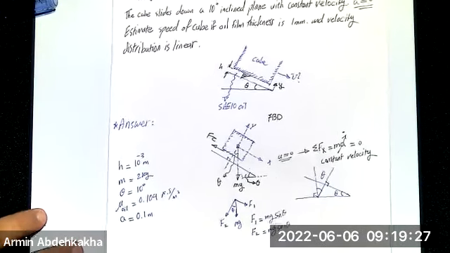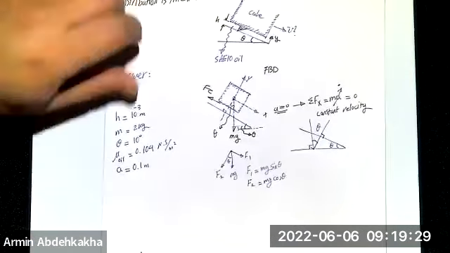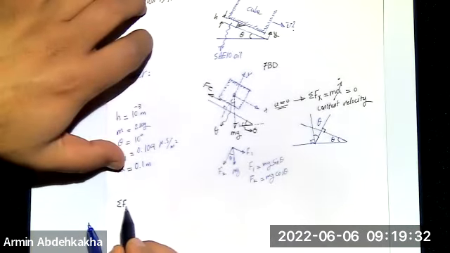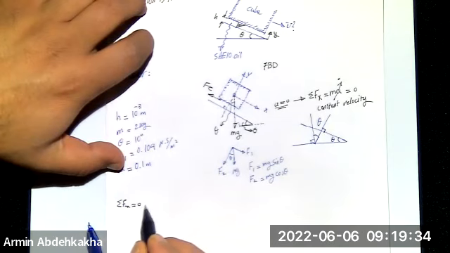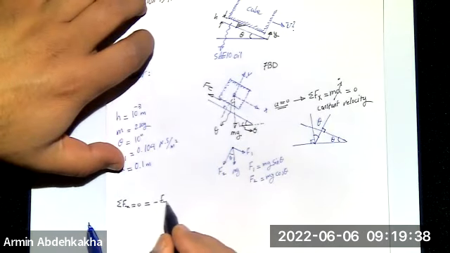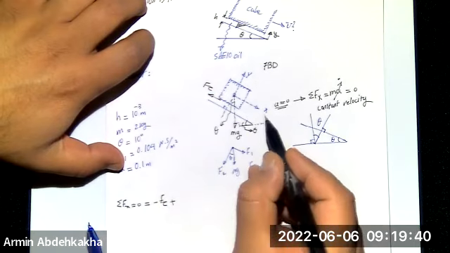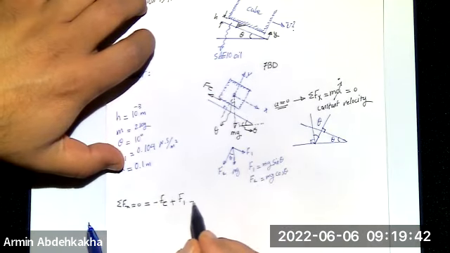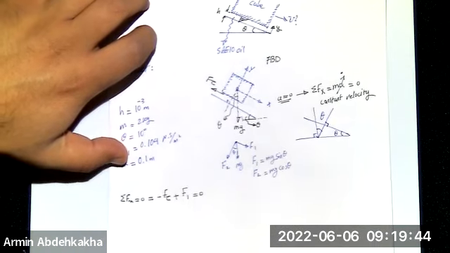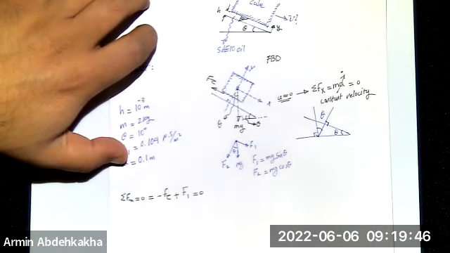So sigma of x equal to 0, right? It means that F tau, which is in the negative direction, plus F1 is equal to 0. What is F tau? F tau is shear stress times the area, correct?